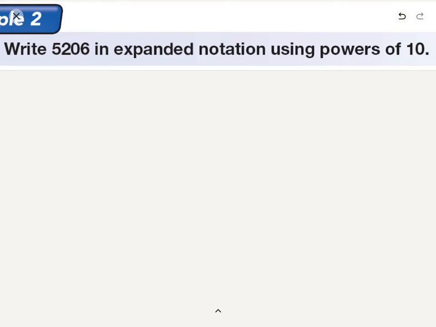Alright, expanded notation using powers of 10. This is a nice little introduction to scientific notation, which we'll cover later on.